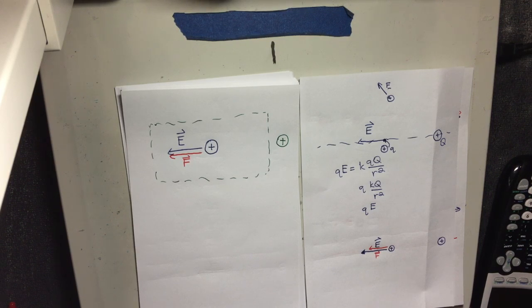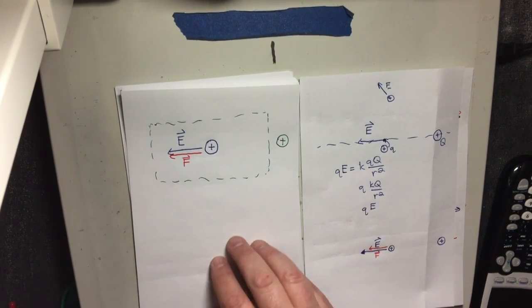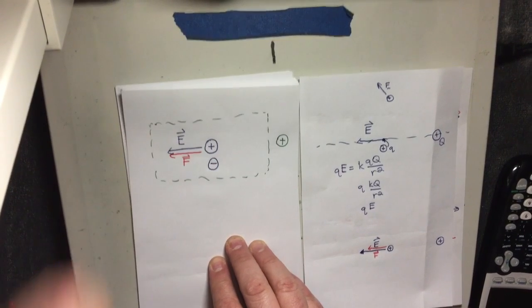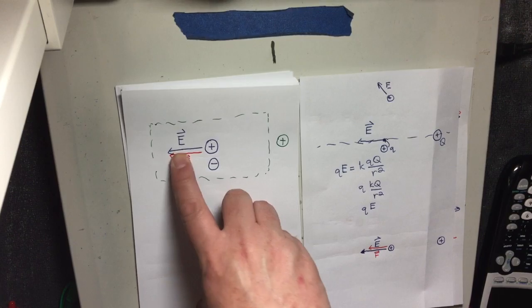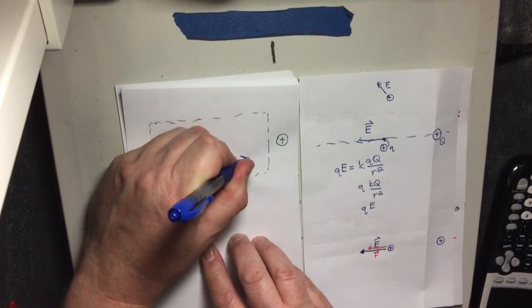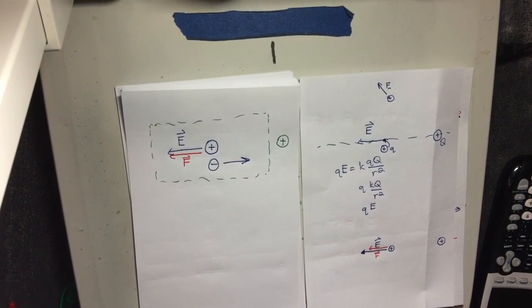You could also envision that if it was a negative charge, the E field line is still to the left, and negative charges always move in the opposite direction of the E field. We're kind of moving towards capacitors.